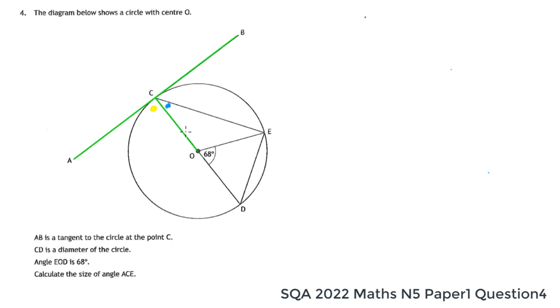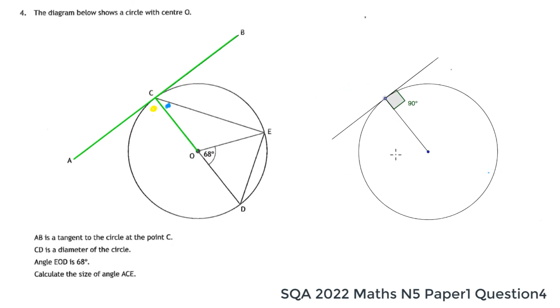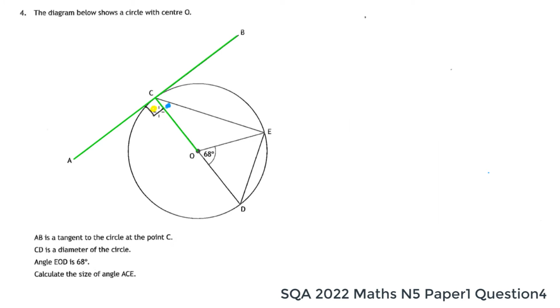Now, you'll notice that this yellow part is formed from the tangent and a radius, that's from the centre out to the point of contact. Now the size of that angle, therefore, will be a right angle. It will be 90 degrees. So that's the yellow part.